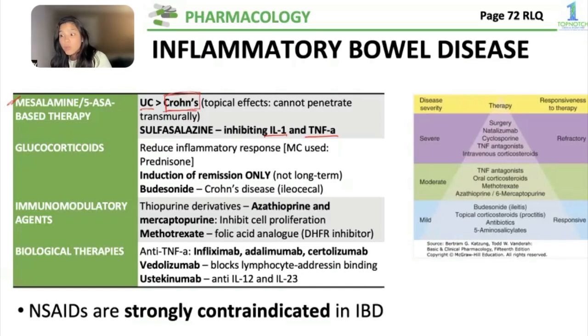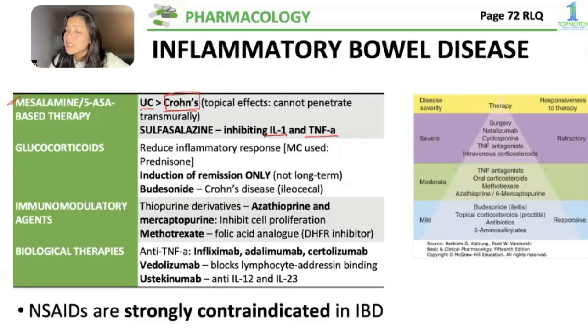Then we have your immunomodulatory agents, your thiopurine derivatives, your azathioprine and your mercaptopurine, which we know inhibit cell proliferation, and your methotrexate, your folic acid inhibitor, your DHFR, dihydrofolate reductase inhibitor, all of which prevent the proliferation of your immune cells.